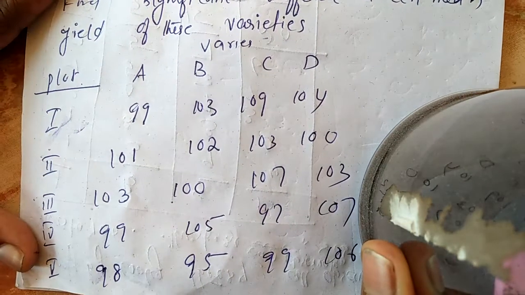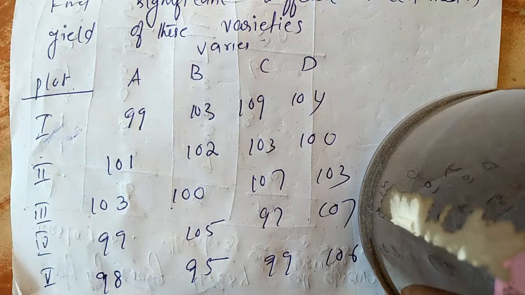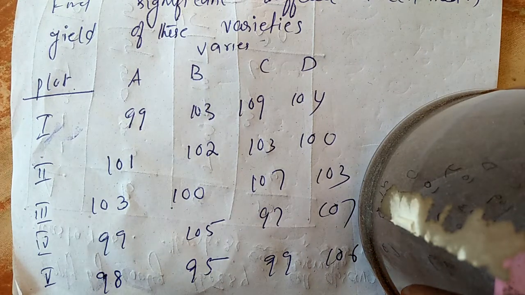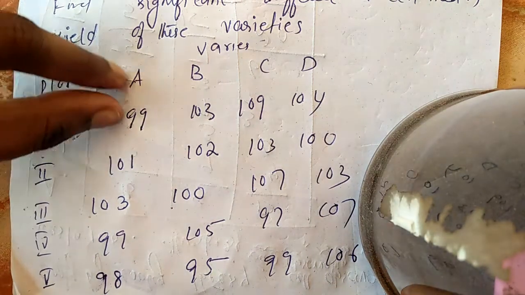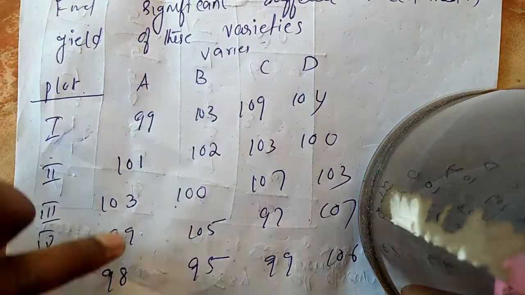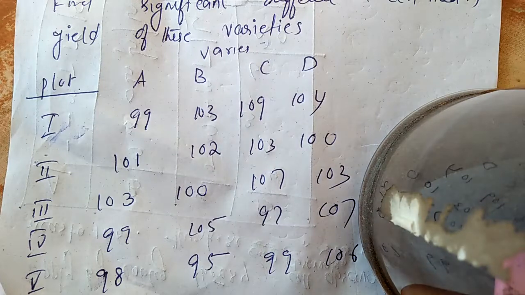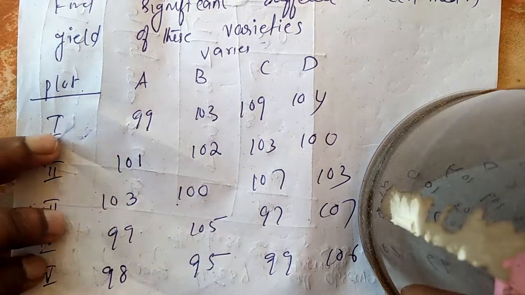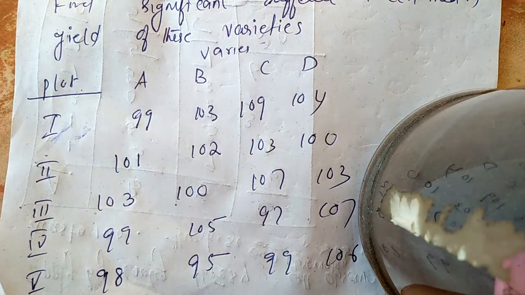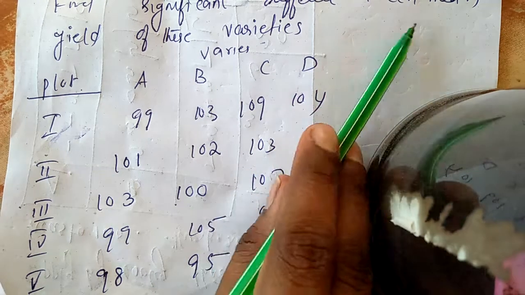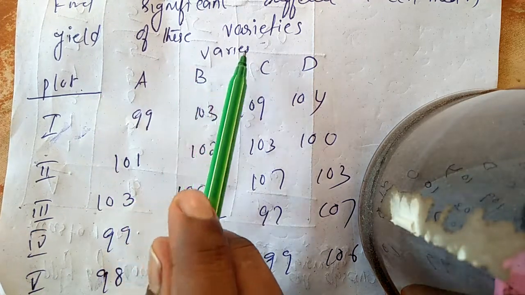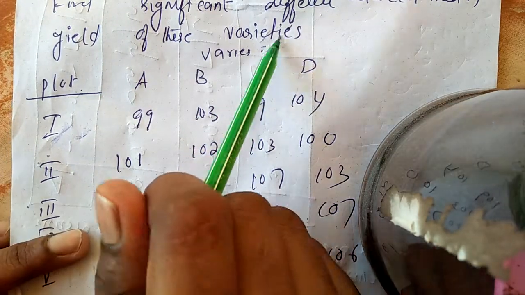First variety is this, second variety, third variety and fourth variety. So we have 4 varieties in 5 plots.